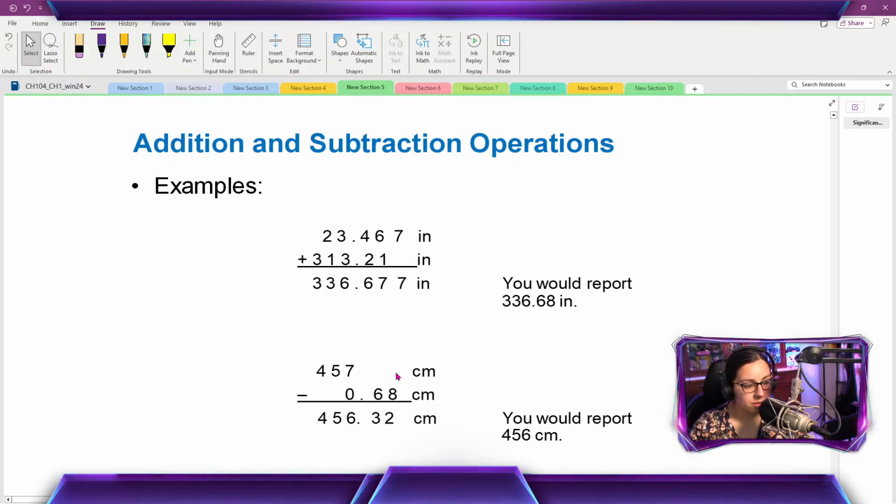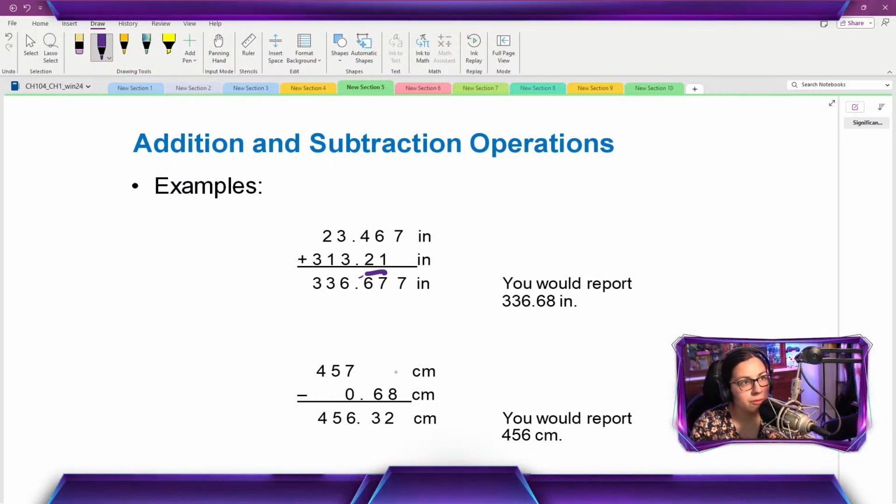All right, so now let's look at addition and subtraction. And sometimes I say that we want to write this like in elementary school. At least I like writing it like this because it helps me see better. But again, you don't have to. You just want to look at how many decimal places each one is reported to. So if we're looking at these numbers, we have 23.467 plus 313.21.